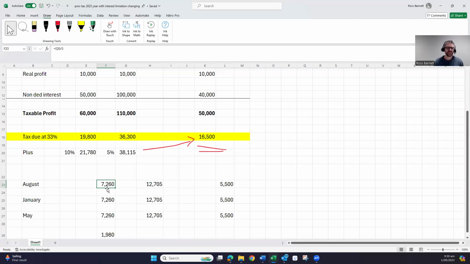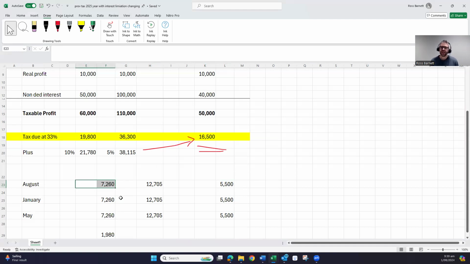So that would be 7,260, whereas if we filed 24, it would be 12,705. So we're paying about $5,000 too much, whereas we really expect it should be 5,500. So we are paying a bit too much in August.